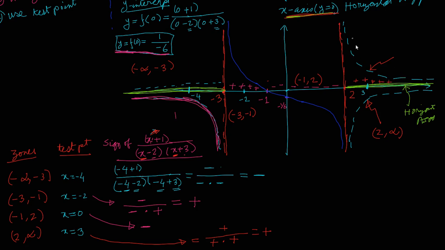So if my graph needs to be above the x-axis, what is going to be my actual graph? My actual graph will be this one. That means the graph below is not going to be the plot, so let me erase this portion of the graph.